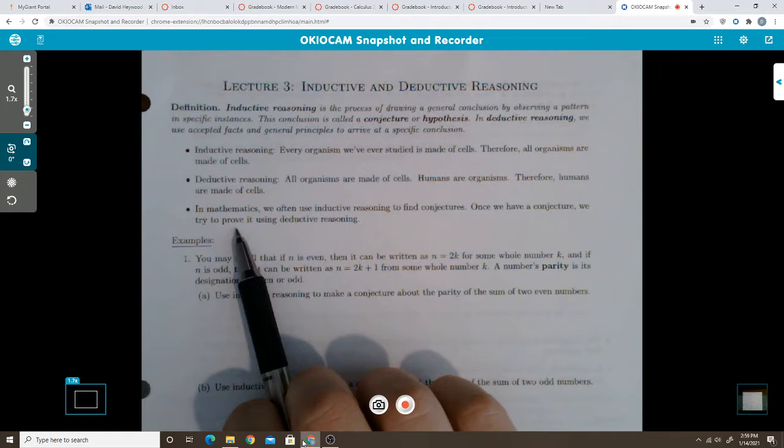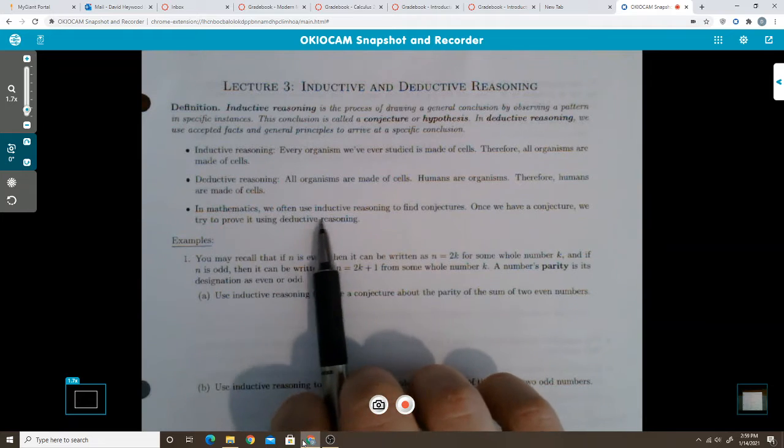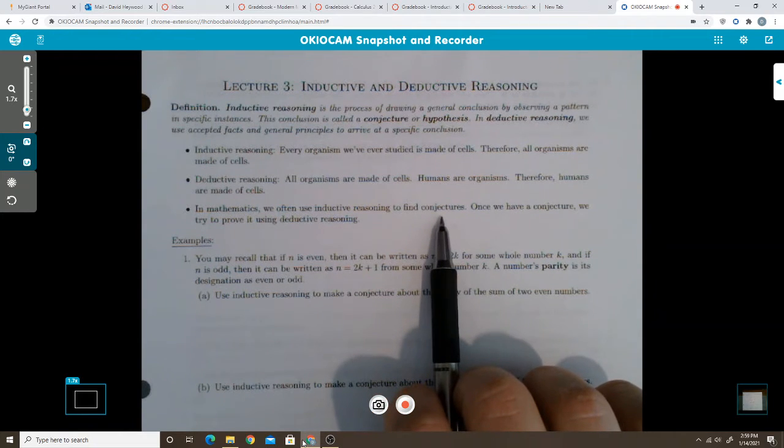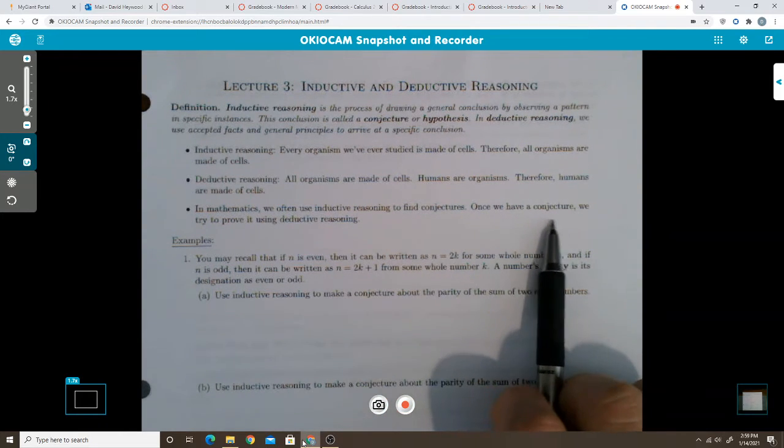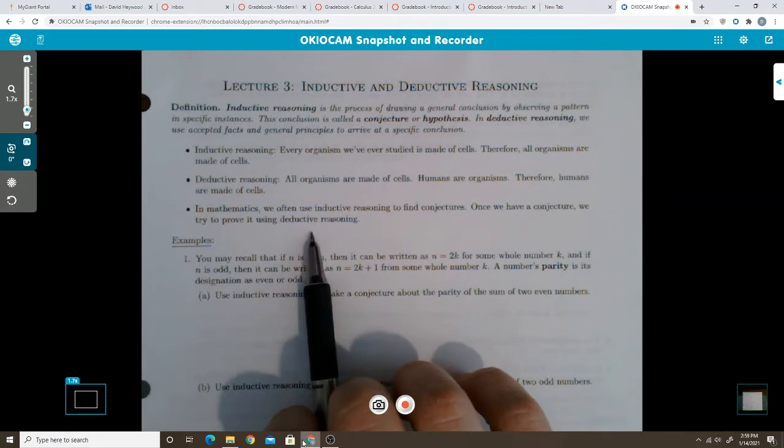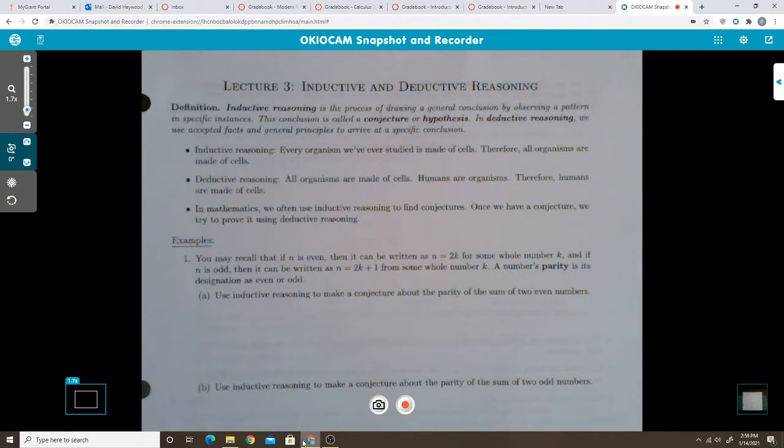In math, we use both kinds of reasoning, but typically we use them for different purposes. So in math, we often use inductive reasoning to find conjectures, but then once we have a conjecture, we try to prove it using deductive reasoning. So I'll give you an example of this. And again, we're sort of on this quest to understand, what is mathematics, right?